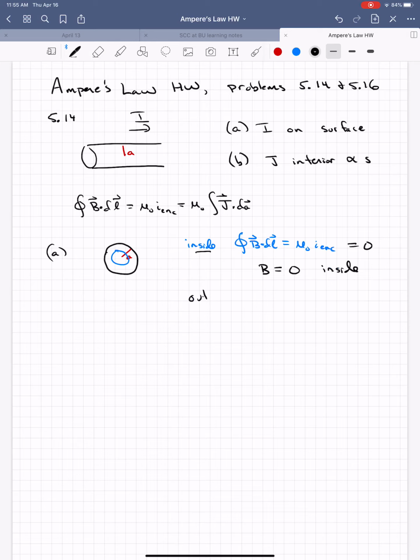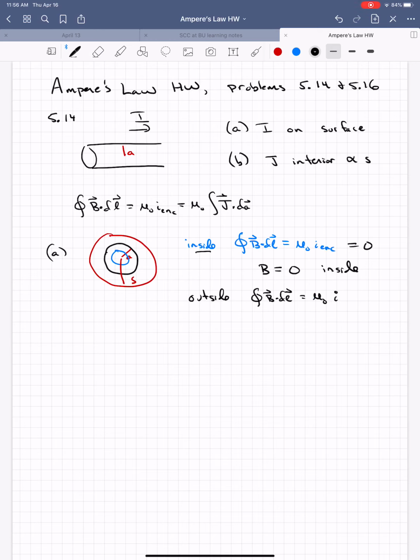And if we're on the outside, say at some radius S here on the outside, then the integral of B dot dl would now enclose some current.